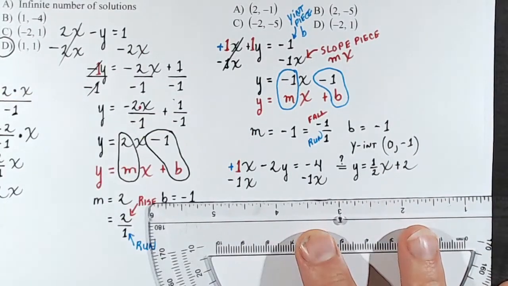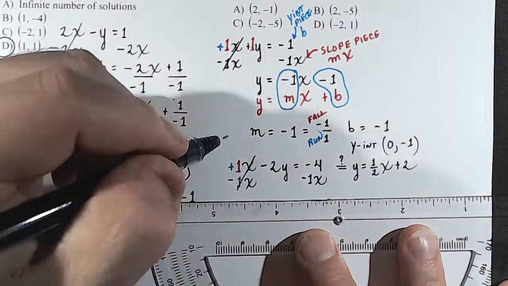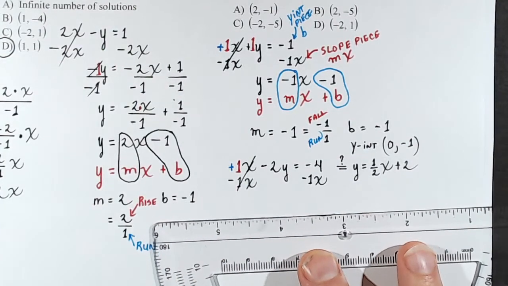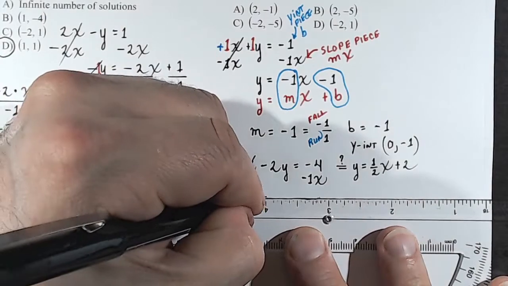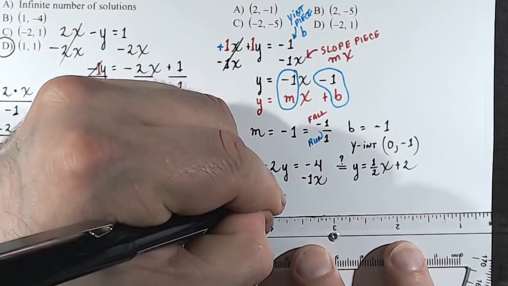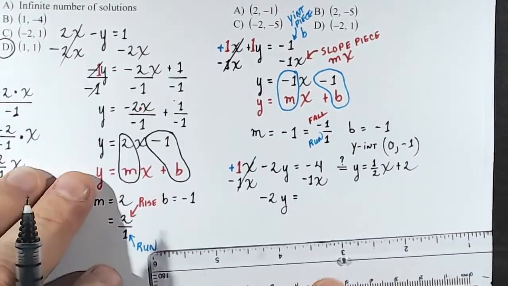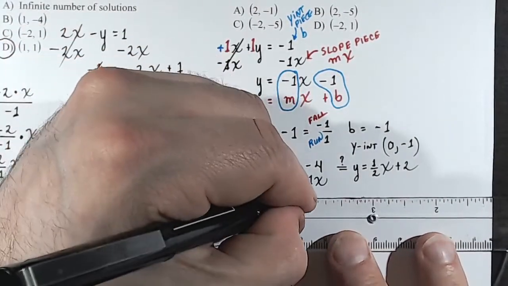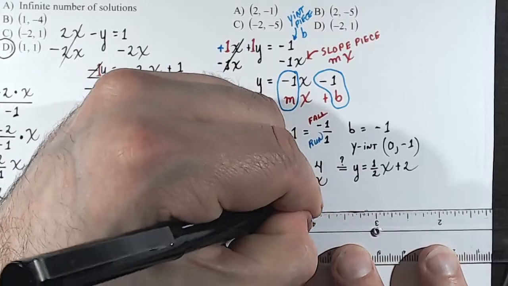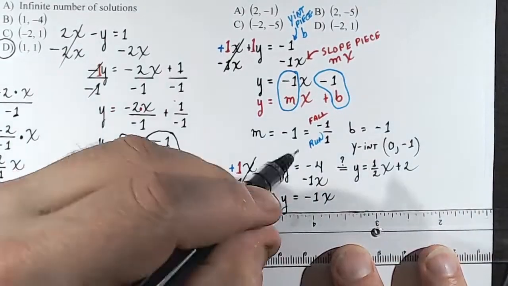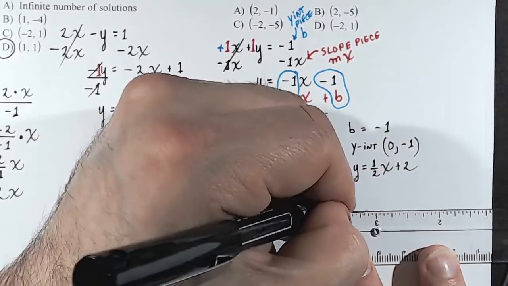Positive 1x minus 1x, you combine those two together, they equal 0. So we can get rid of them. And now I have negative 2y. And here I want to bring in this negative 1x up front, and put this negative 4 at the end.